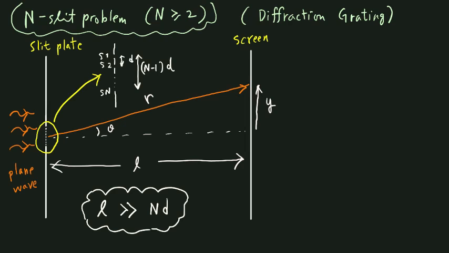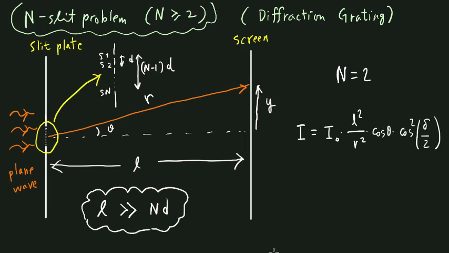Let's remind ourselves of the solution that we obtained in the case of a double slit problem. When n equals 2, we already know the solution of this problem. If you look back at that lecture, you will discover that the intensity was derived very carefully, and that intensity was cosine square delta over 2, and let's remind ourselves what delta was, because that was the most important thing there.